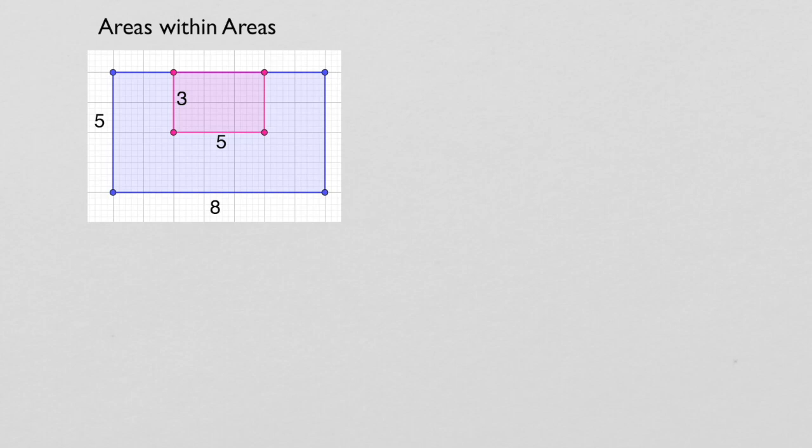Alright, so starting with the first one, here we have two rectangles, one is inside the other, and we have to find the blue shaded area. Okay, so let's see how we're going to do that. It is based around the whole idea that we find out the big area and we take away the small area.